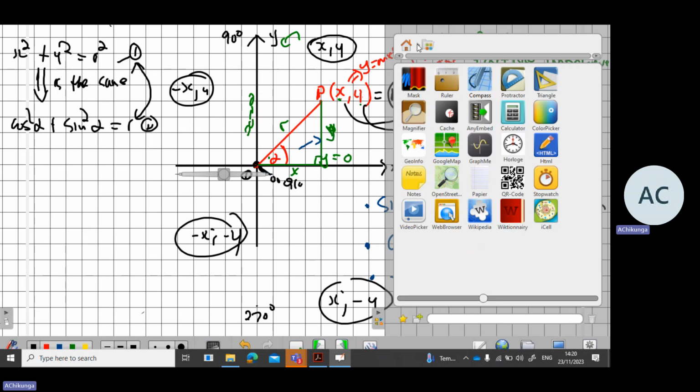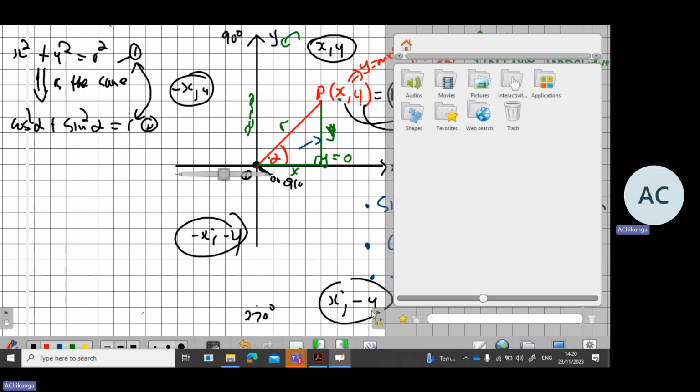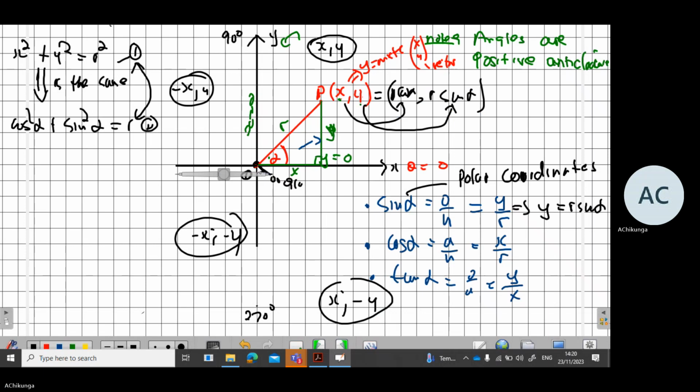I think this is gonna work. Let's see. So I'm going to have to the technology is refusing. Okay, I think I get it now.